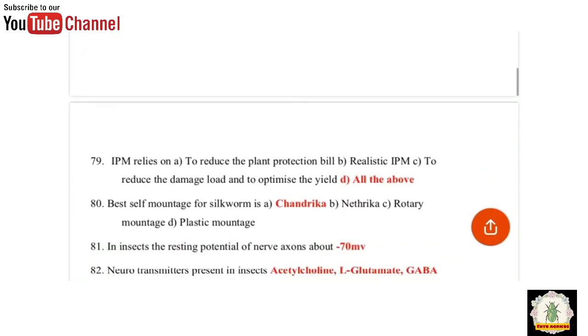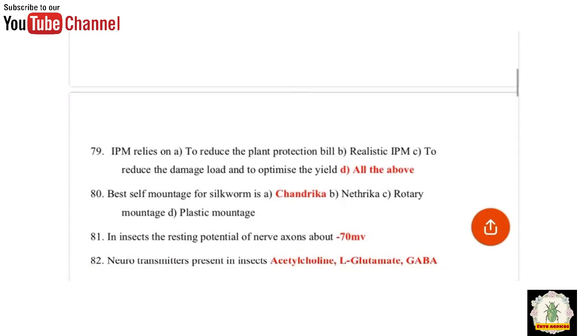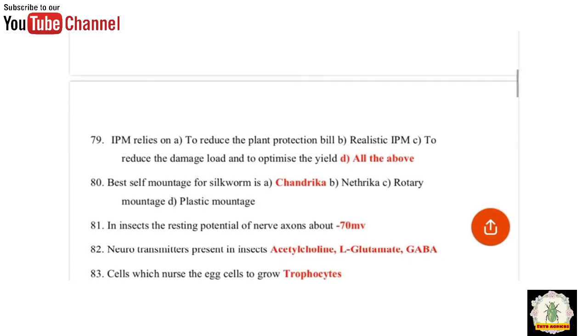Next, in insects, the resting potential of nerve axon is about -70 millivolt. Next question is neurotransmitters present in insects. The neurotransmitters present in insects are acetylcholine, L-glutamate, and GABA.